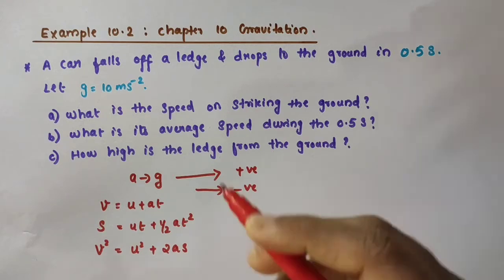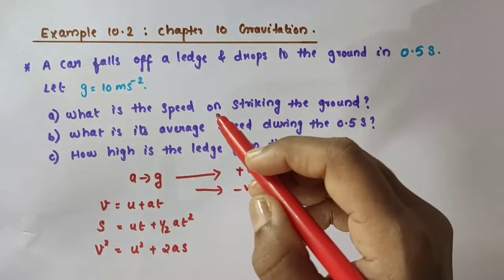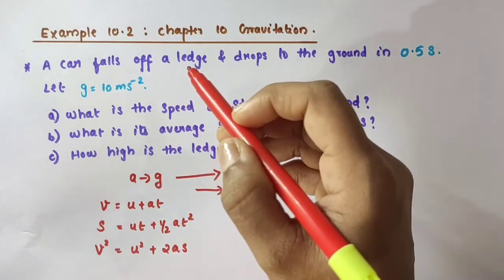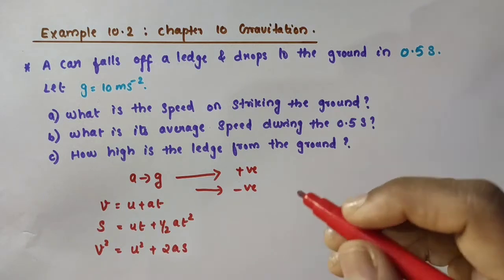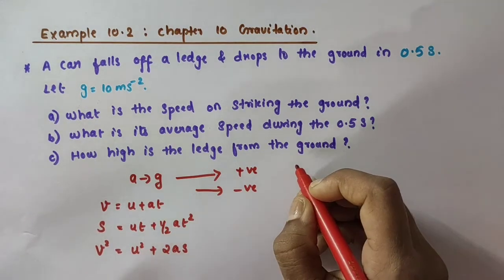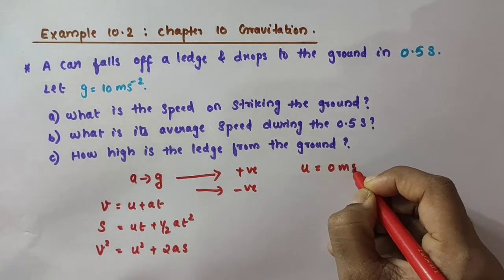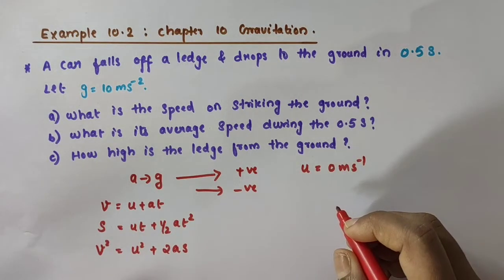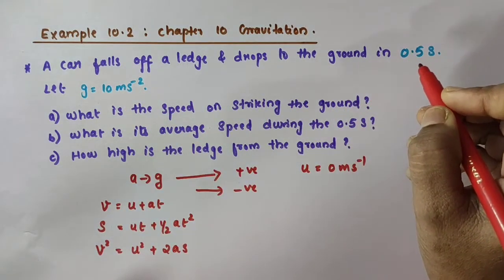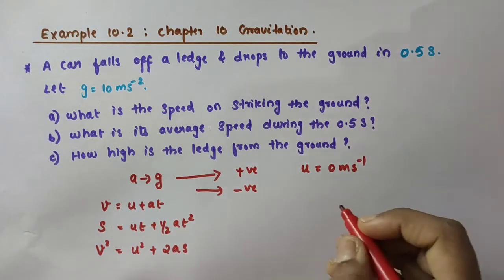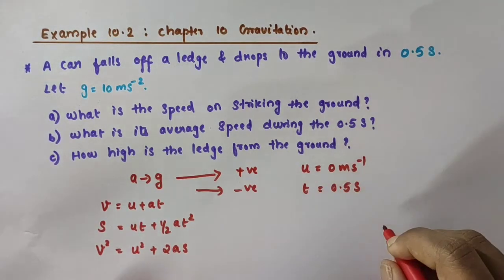Now, let us see how to solve this question. It is given that the car falls off a ledge and drops to the ground in 0.5 seconds. So, we can consider that initially the car is at rest. So, we can write initial velocity u equal to 0 meters second raised to minus 1. Now, the time taken by the car to reach the ground is given as 0.5 seconds. So, t is equal to 0.5 seconds.